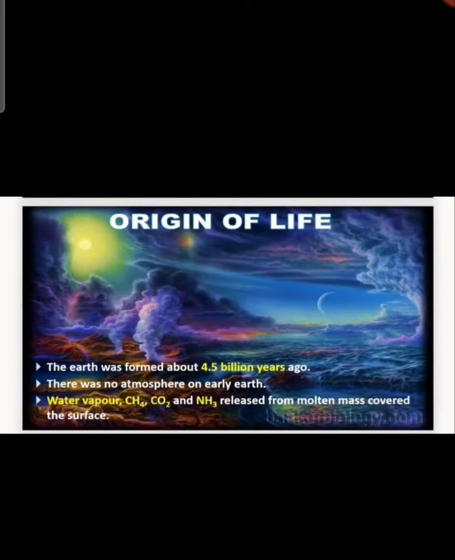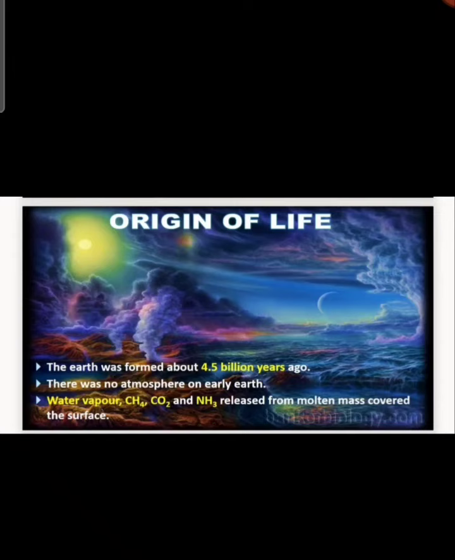Then the earth was formed 4.5 billion years ago. There was no atmosphere on the early earth. Water vapor, CH4 (methane), carbon dioxide and ammonia released from the molten mass covered the surface. So when the earth was formed about 4.5 billion years ago, there was no atmosphere.